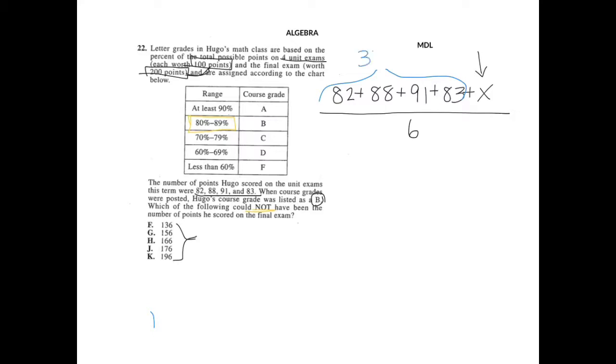So that sum is 344 plus x, over the 6, I guess, unit exams, except we're counting the final exam as 2 unit exams. What Taylor wanted to do, and he was incorrect, was go out of 600 points.